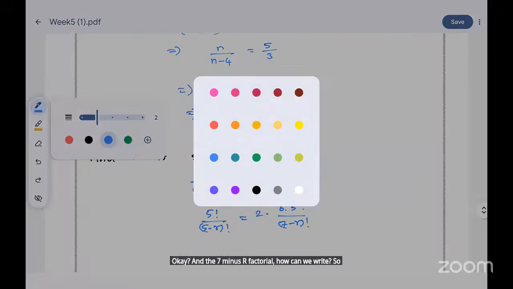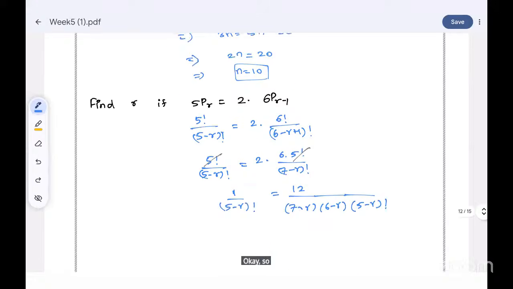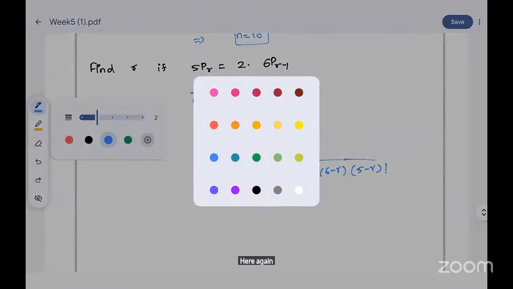First of all, you can cancel out these two terms. And then you have 1 by 5 minus r factorial, which is equal to 12 by 7 minus r factorial. How can I write 7 minus r factorial? 7 minus r into 6 minus r into 5 minus r factorial, right? So again, here you can cancel out these terms.